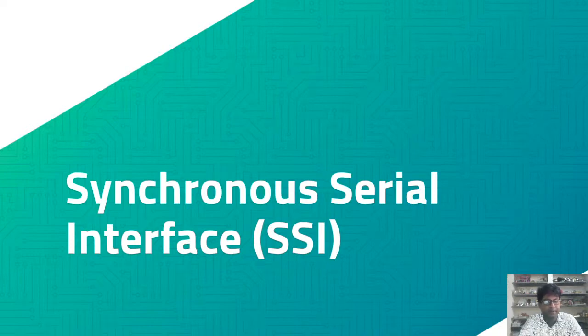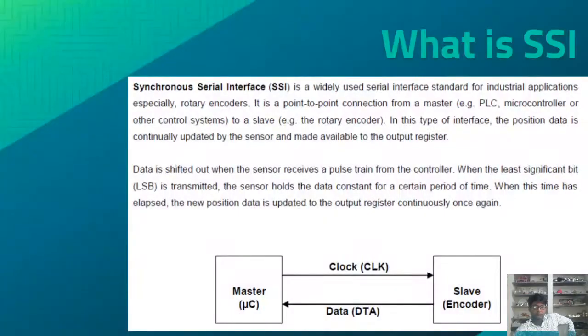Normally people use a Hall effect sensor, but nowadays the encoder is a good choice for very precise and critical applications. We will be using a synchronous serial interface. So we will learn what that is. Let me take one.